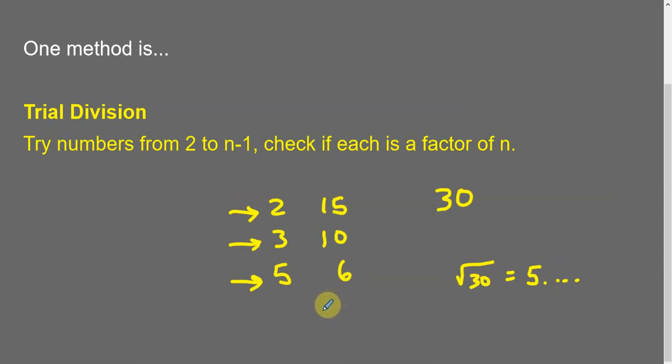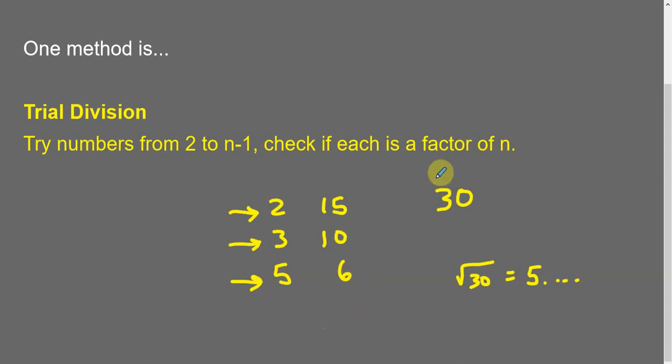And that would always be the case no matter what number you were doing, because if both of the numbers were less than the square root of 30, then when you multiplied them, you would get less than 30. And if both of the numbers were greater than the square root of 30, then when you multiplied them, that would be more than 30, right? So you always have to have one that's less and one that's greater.